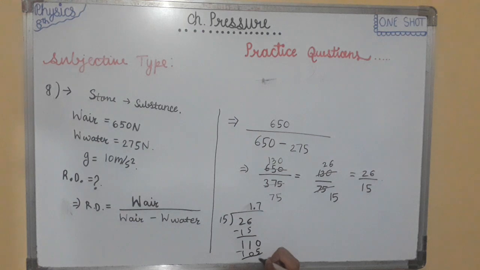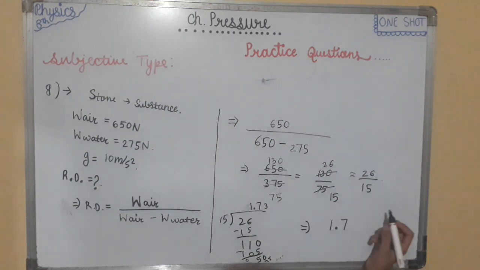Then we will get 5, then 0, then 3 15s are 45, and so on. The value of the relative density of the substance stone will be 1.73. 1.73. I hope you have understood.